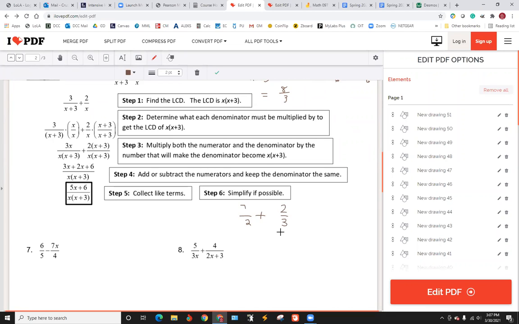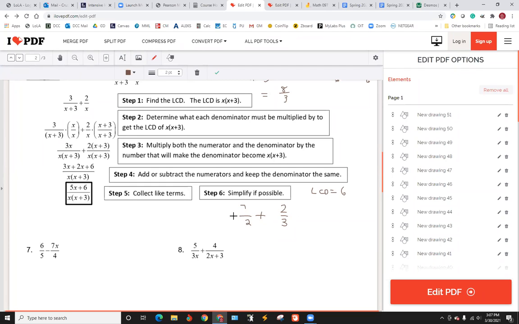Again, we cannot put these together as they are because they don't have a common denominator. If you don't have a common denominator, you can't just pick one because it looks good and use it as the denominator. You've got to find the LCD. In this case, the LCD is really easy to find because it's just 2 times 3, which is 6.